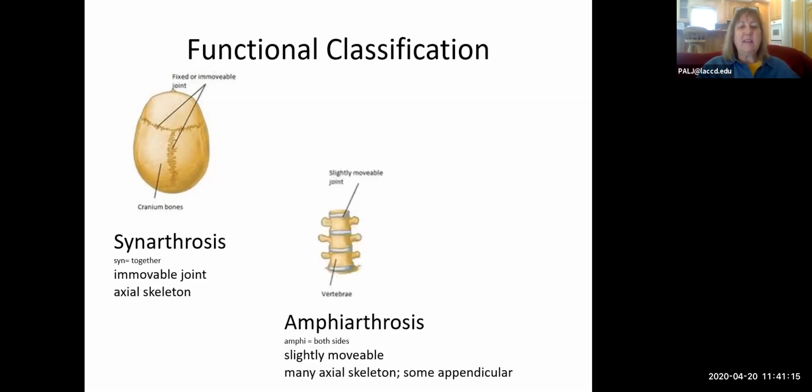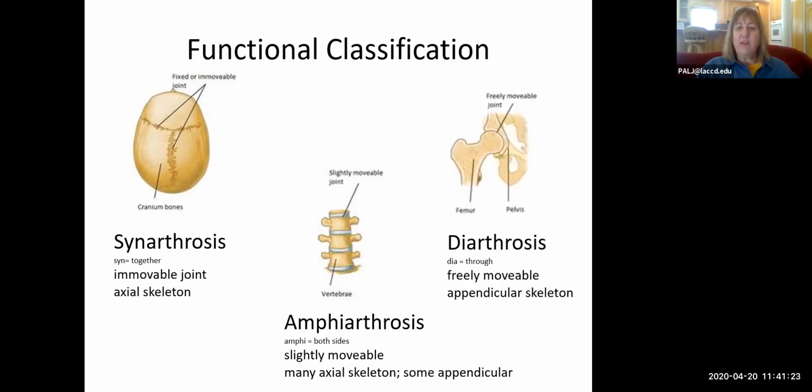If we replace syn with amphi, this makes the joint slightly movable. And if we replace the prefix with dia, the same prefix like you see in the diameter of a circle, which is a line that goes all the way through the circle, that's because dia means through. This is a joint that is freely movable.